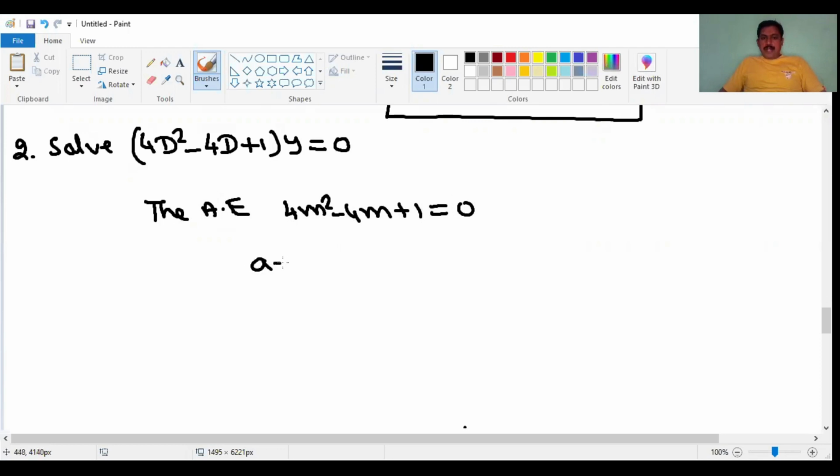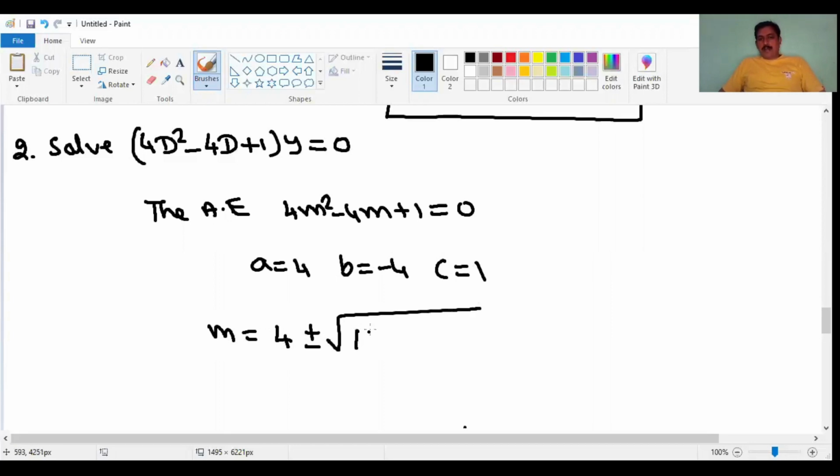Here your a value is 4, b value is −4, c value is 1. Applying the formula, m equals minus b, already −4, so minus of minus gives plus 4, plus or minus square root of b², (−4)² is 16, minus 4 into a value 4 into c value 1, divided by 2 into a value 4.